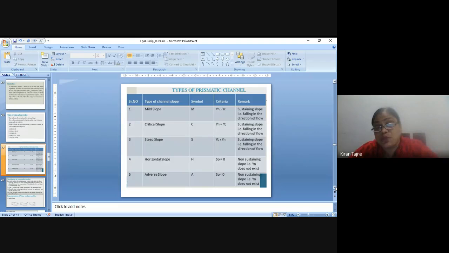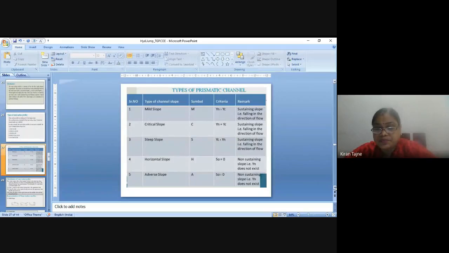Then for steep slope, yc is greater than yn. Critical depth is greater than normal depth, or normal depth is less than critical depth. Here also the slope of the bed is in the direction of flow. And in the fourth case, horizontal slope, S0 is 0, as we have just seen.